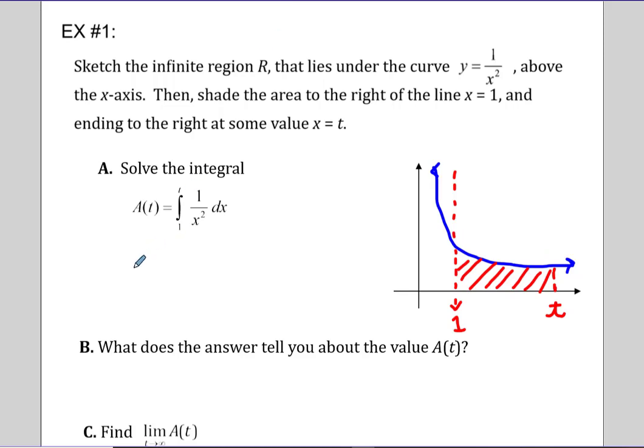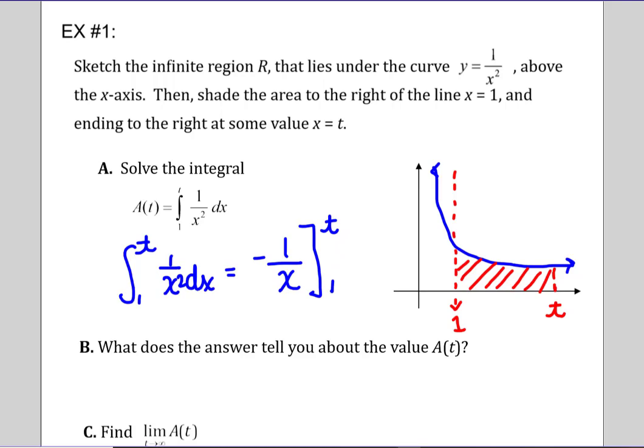If we rewrite this, we can take the integral from 1 to t of 1 over x squared with respect to x, and that's going to produce negative 1 over x from 1 to t. If we evaluate the lower and upper bounds, we get negative 1 over t minus negative 1.